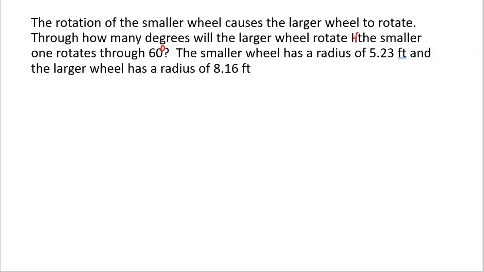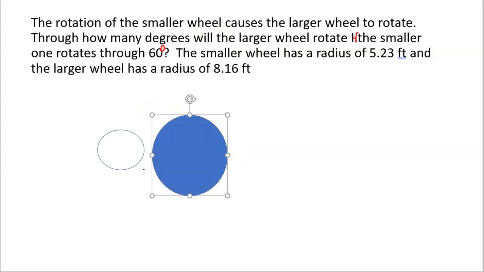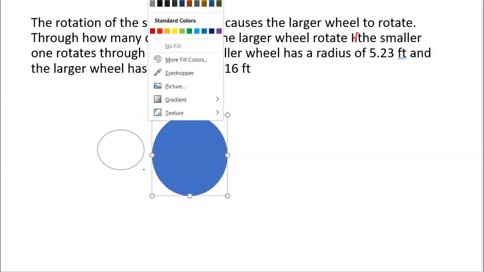Okay, so let me see if I can draw some lovely pictures. So here's one wheel, and I'm going to make this shape. There we go. And then I'm going to draw another wheel, a little bit larger, and shape fill.